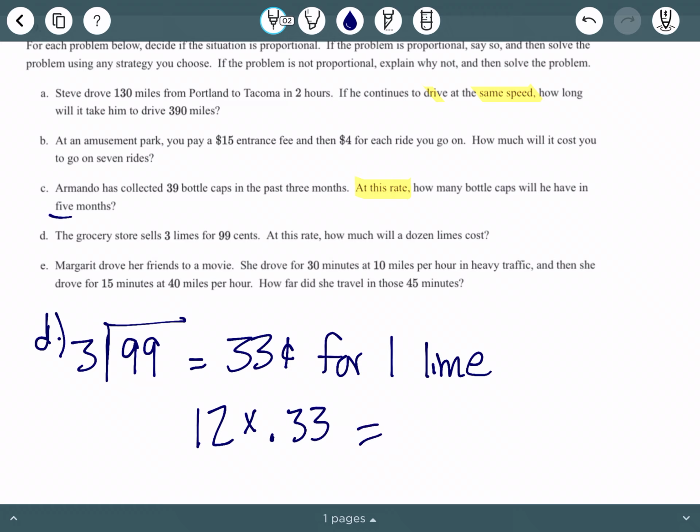And 12 times 33 hundredths, or 0.33, is going to give me 3.96, which in terms of money is $3.96. So how much will it cost us? It's going to cost us $3.96 for a dozen limes.